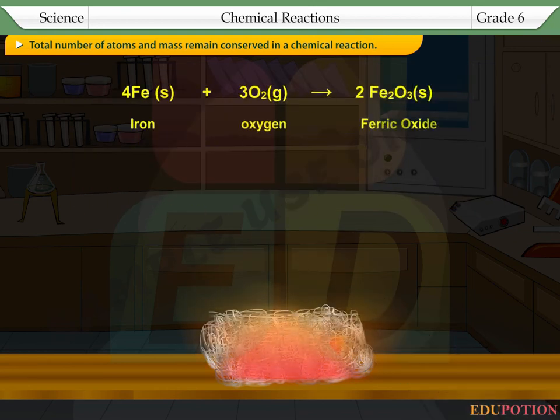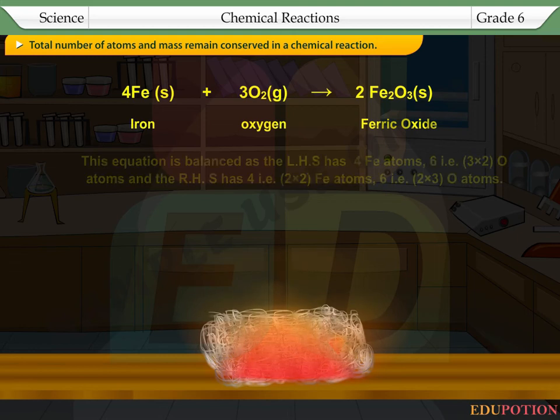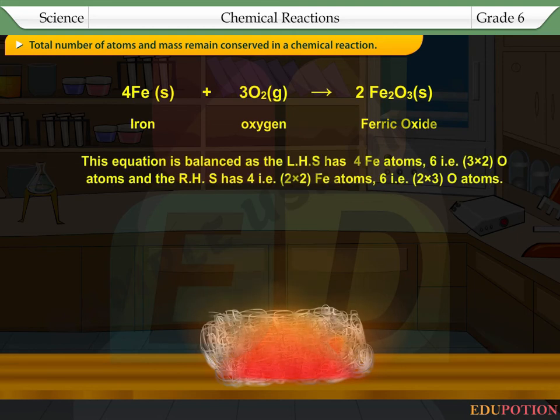The chemical reaction taking place in burning steel wool is as follows: 4 Fe in solid state plus 3 O2 in a gaseous state reacts and gives 2 Fe2O3 in the solid state. This equation is balanced as the LHS has 4 Fe atoms, 6, that is 3 into 2 O atoms, and the RHS has 4, that is 2 into 2 Fe atoms, 6, that is 2 into 3 O atoms.